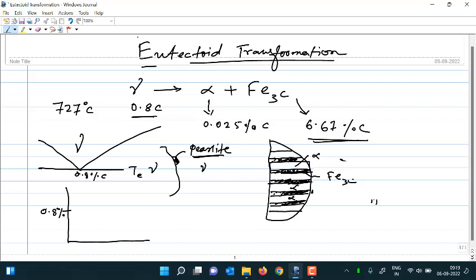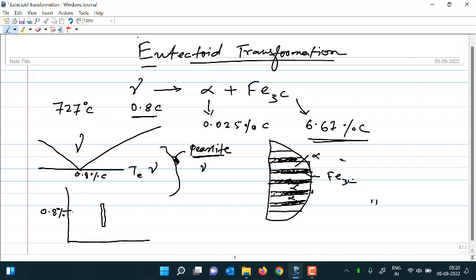Okay. So when the cementite is forming, let us say a cementite lamellae has formed in the austenite grain, because of high carbon content in the cementite, it is consuming a lot of carbon from the austenite grain, and as a result of that, the carbon content adjacent to this cementite lamellae will decrease from 0.8%.